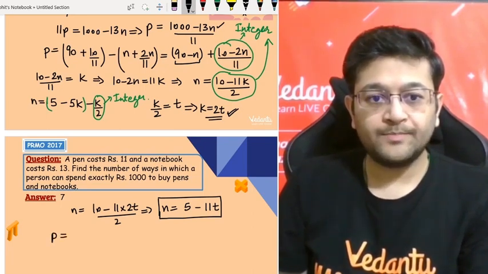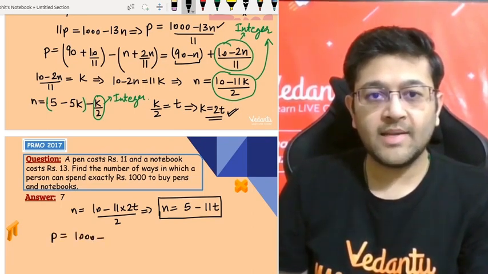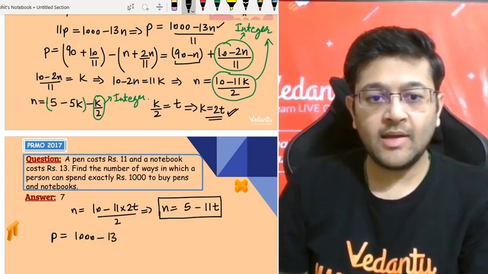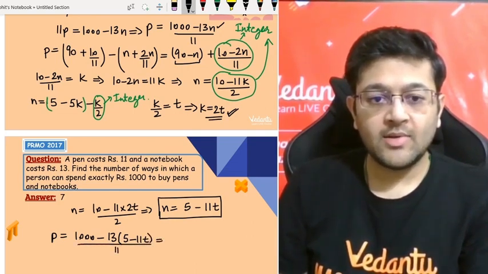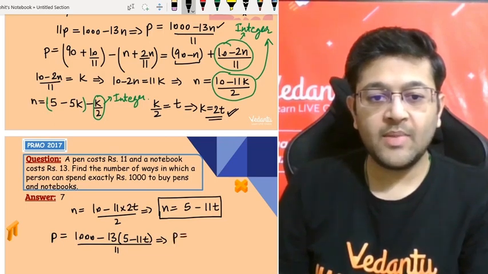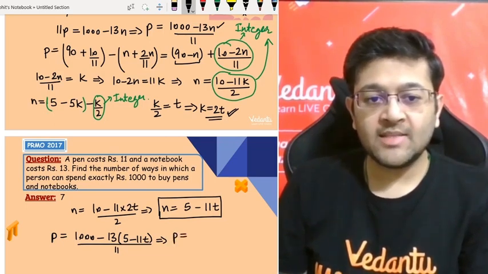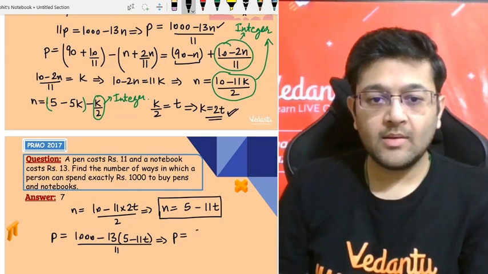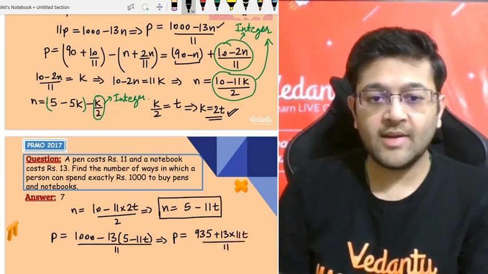P will be equal to 1000 minus 13 into n, the value of n being 5 minus 11t, okay, upon 11. So let's see what will be the value of p here. P will be 1000 minus 65, which will be 935, plus 13 into 11t upon 11, right?